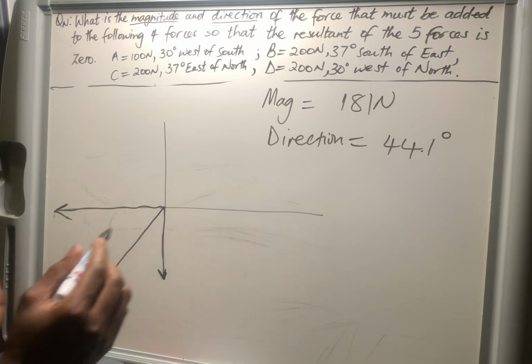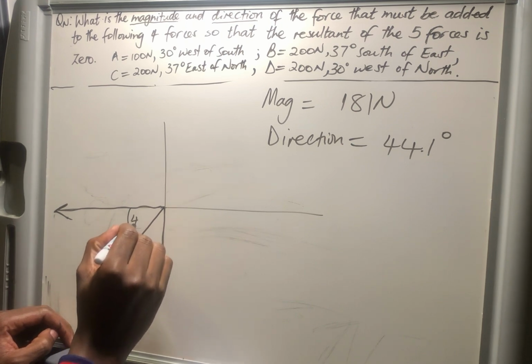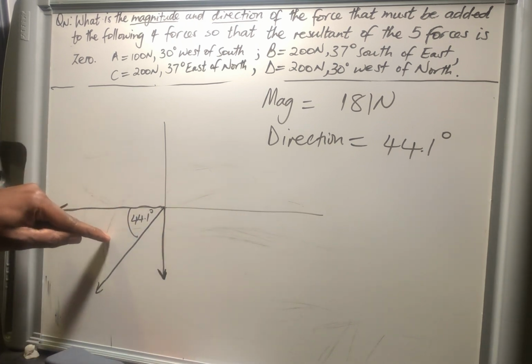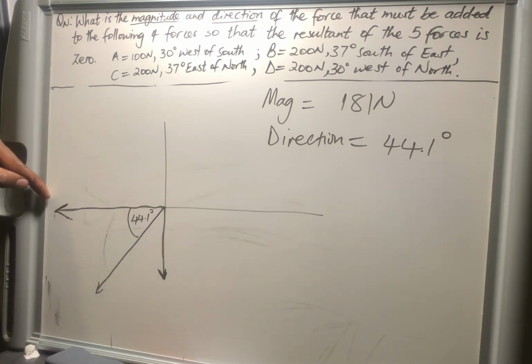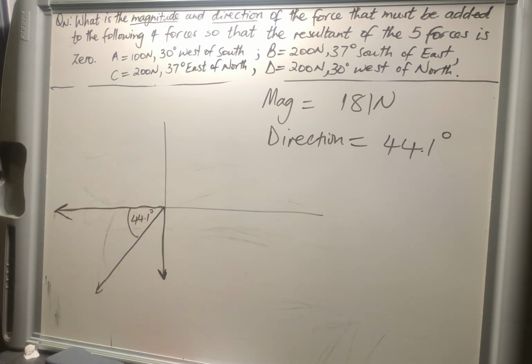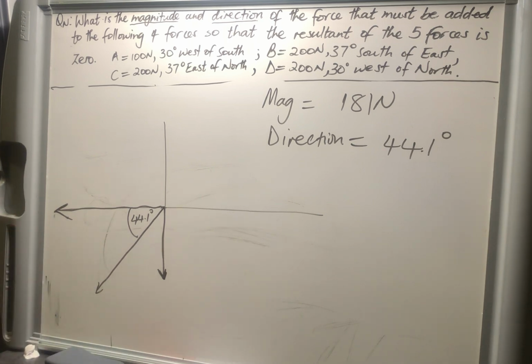44.1 is the angle, something like this, 44.1 degrees. Because in this quadrant, that's where you have a negative x and a negative y. So the angle is here. But if you are following what I was saying when I was introducing the angles on that diagram that I drew at first, I said in this quadrant, you can't expect to have an angle that is less than 180.